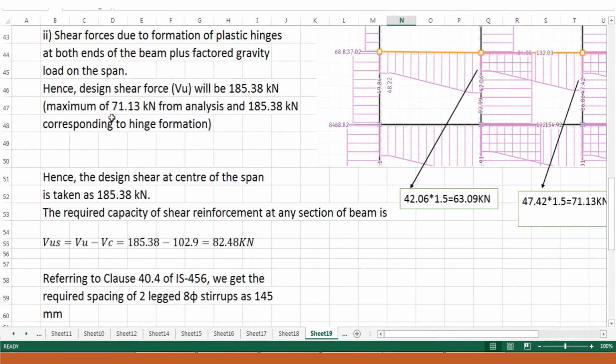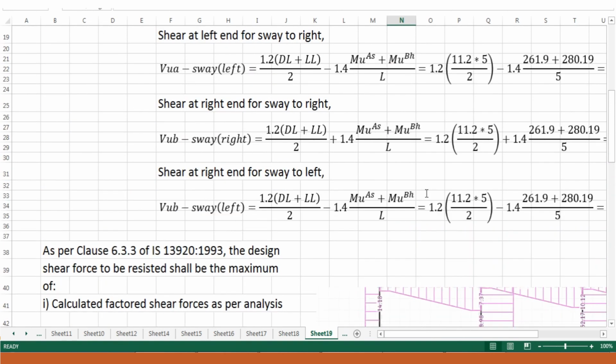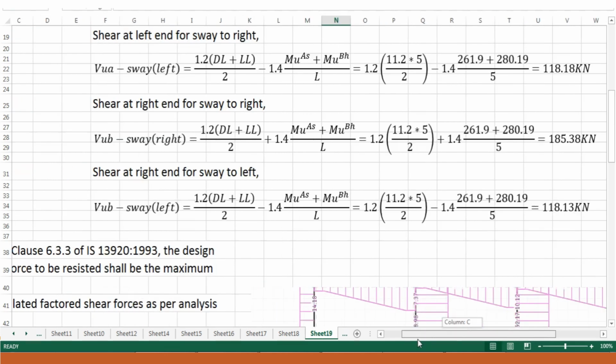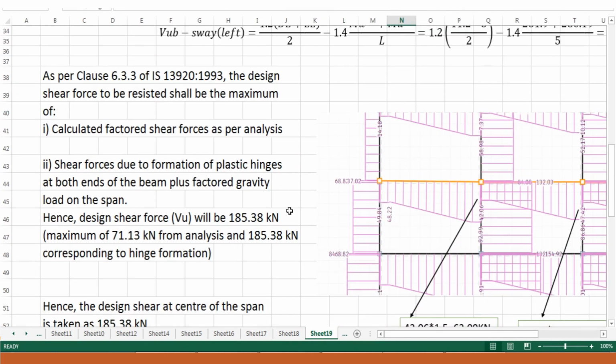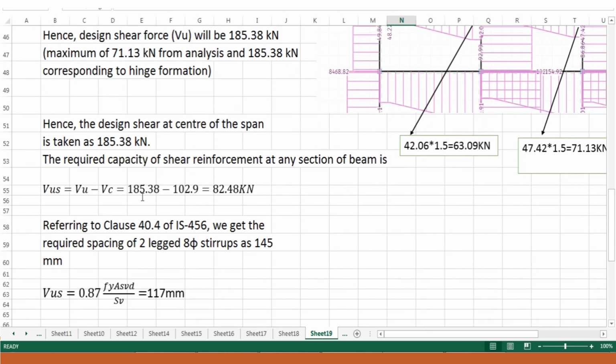Hence the design shear force will be 185.38, because the maximum obtained from shear analysis is 71.13, and what we obtained from the plastic hinge formation is 185.38. So we had to take the greater of the two. The greater of 185.38 and 71.13 is 185.38. Hence the design shear at the center of the span is taken as 185.38.